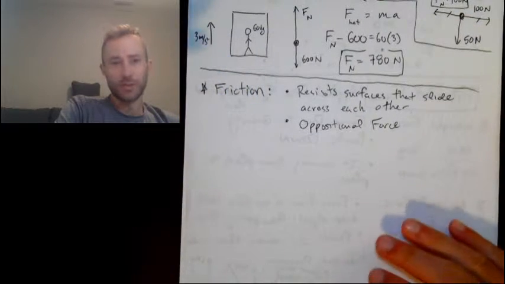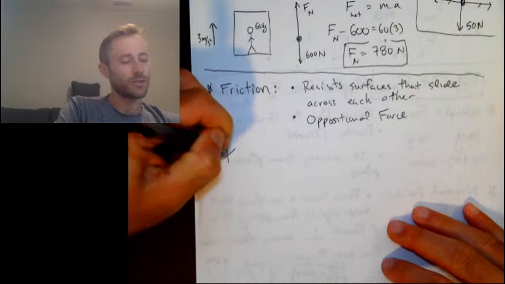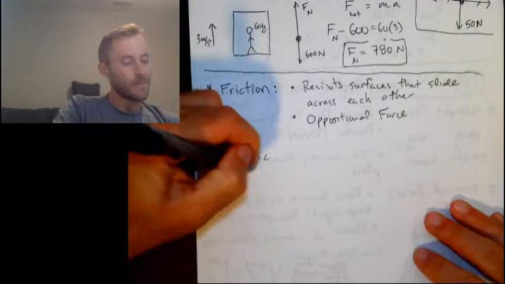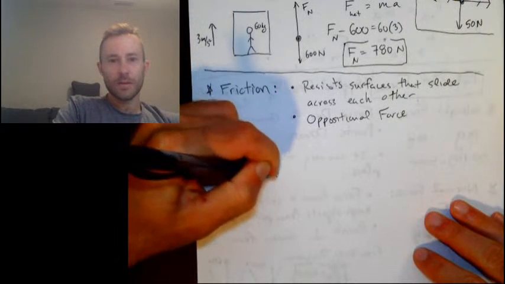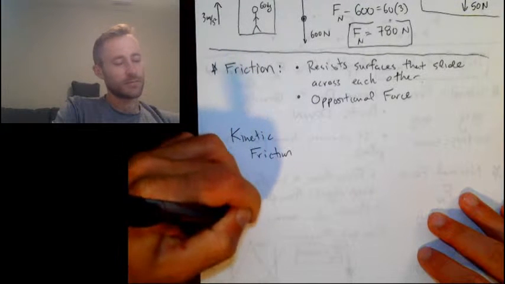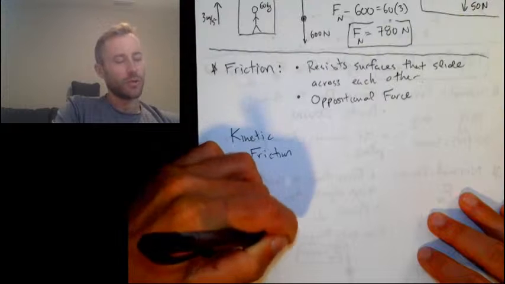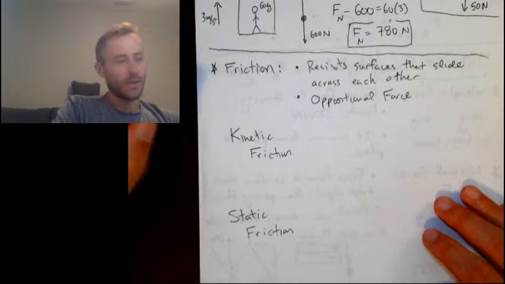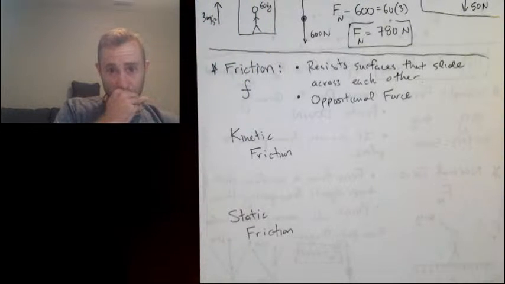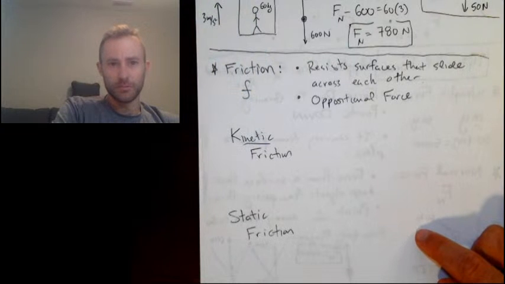There are two types of friction. There is something called kinetic friction, and there is something called static friction. So these words are the keys to what they are. By the way, friction in general is denoted by a curly F. Kinetic means motion.